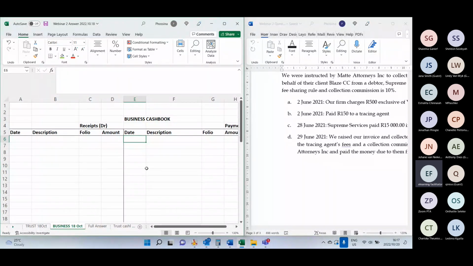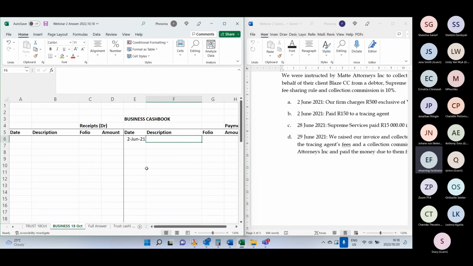So I'm just going to show you the parts where we are recording for these matters. It's 2 June 2021, and it's our correspondent matter, and we are paying for the tracing agent.